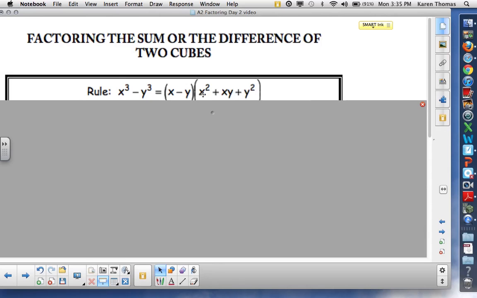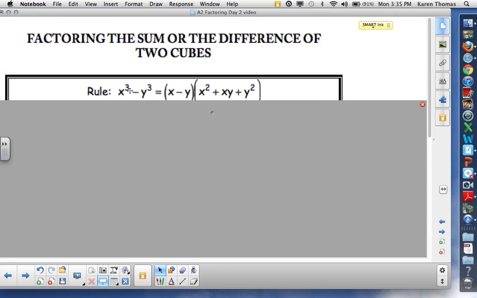I square the x and get x squared. I multiply the two terms in my first set of parentheses, x times y, and write it in the middle of this trinomial. I then take the last term in the first set of parentheses, square it, and write y squared.